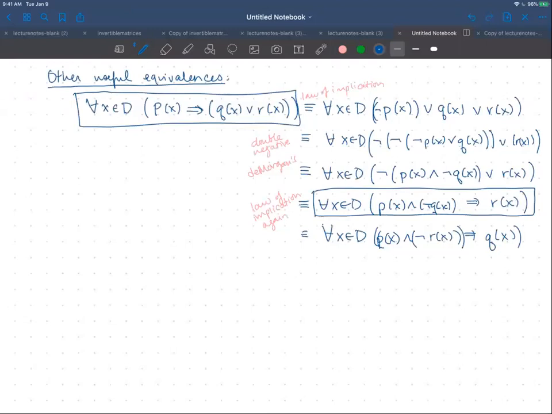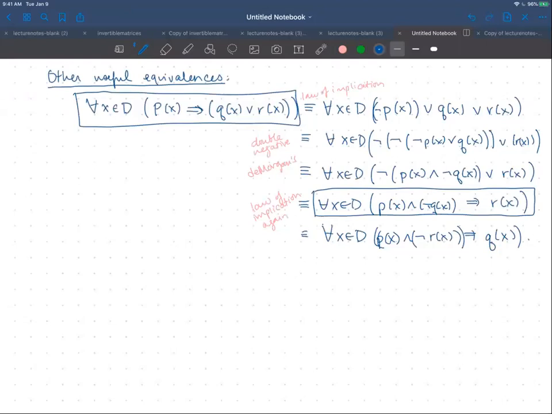And you'll see some examples of things like this on your writing assignments. So this is going to be like, prove that this implies this or this. And you're going to want to, trust me, you're going to want to rewrite this as, okay, proof, let p of x be true, q of x be false, math, therefore r of x is true. So that's another equivalence. I don't have a name for it, but it will come in handy.